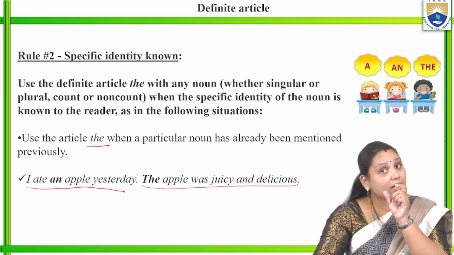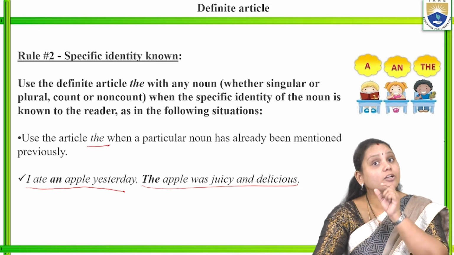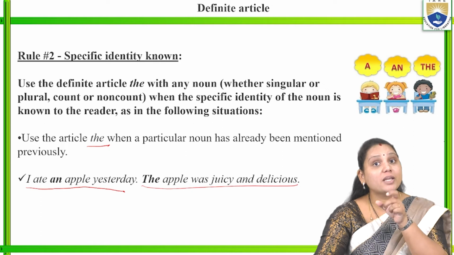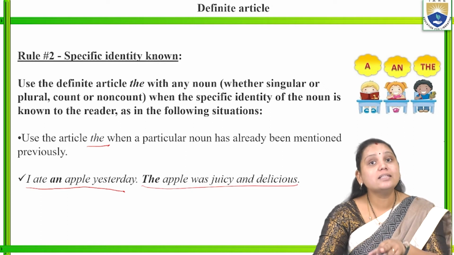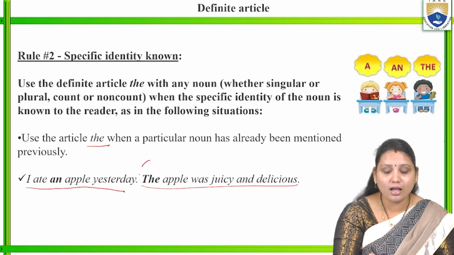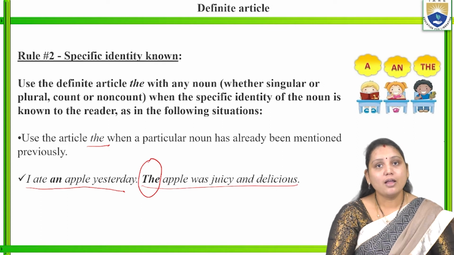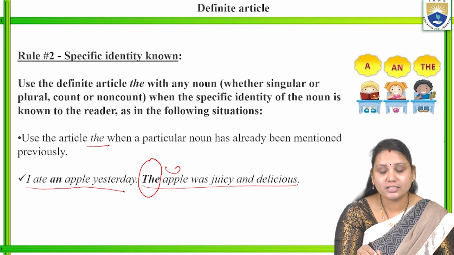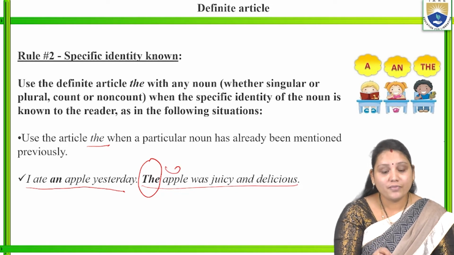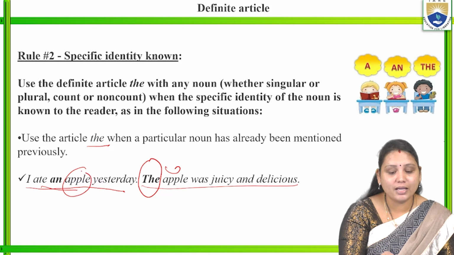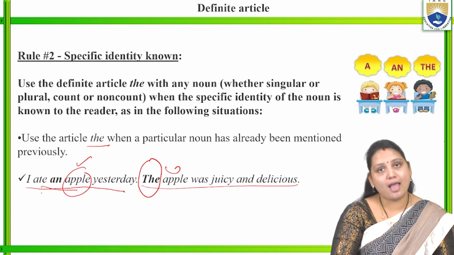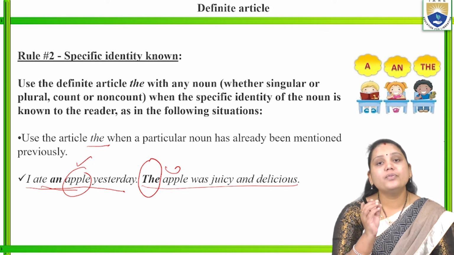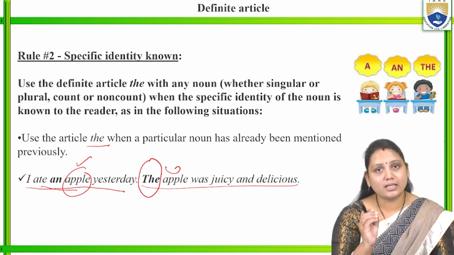Here, we are specifically referring to the apple which you ate yesterday. So, there is the specific information of that particular apple. That is the reason we are using the here. Okay. When we know the specific identity of this, we are using the. When we don't know the specific apple here, we are using an. That is the difference. That is the way we are going to use our articles.